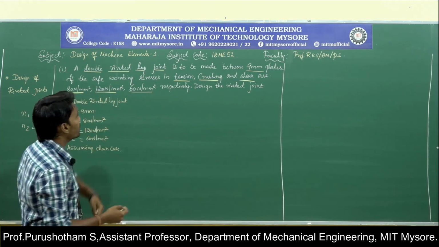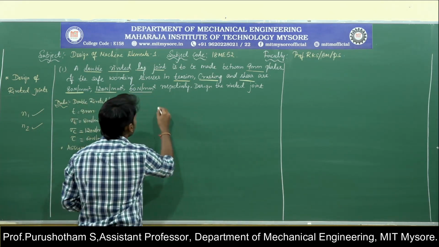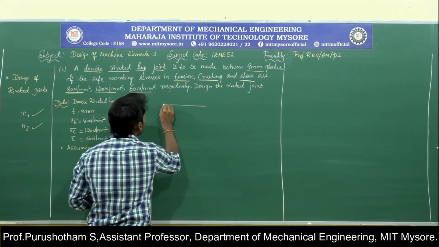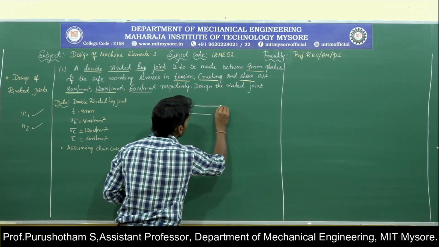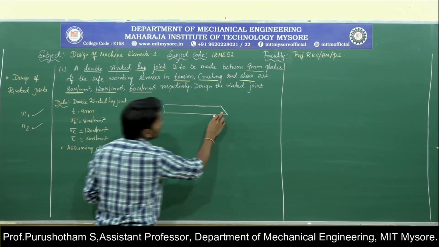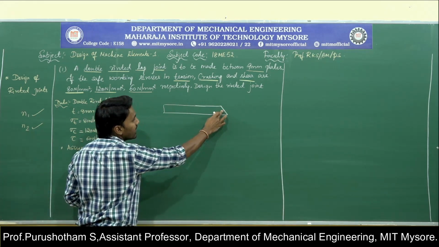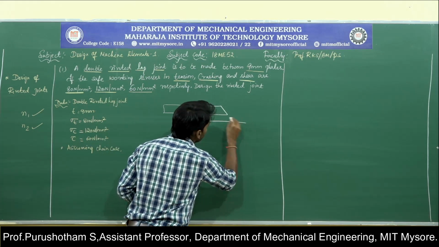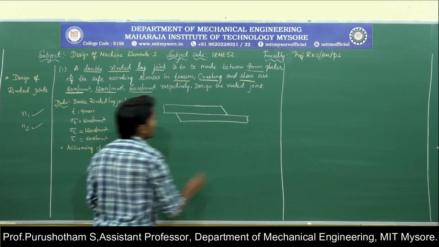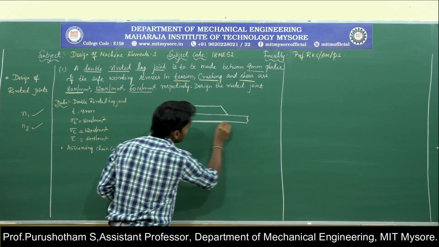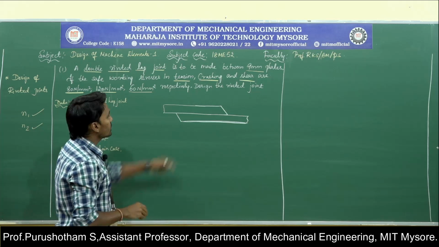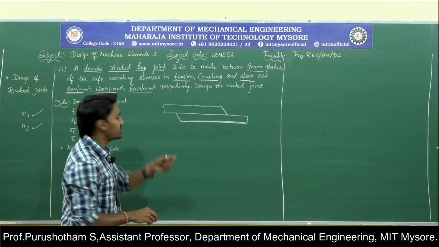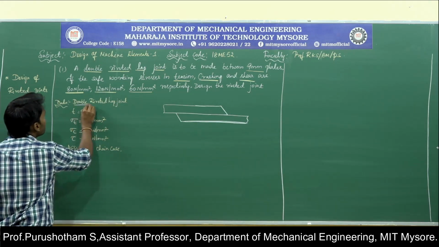So first I will draw out the front view. Here I will start from here. This will be the one plate, which has some caulking or fullering process to make it leak proof. This will be the other plate. These two plates are connected by using two rows of rivets, just because they mentioned it is double riveted.